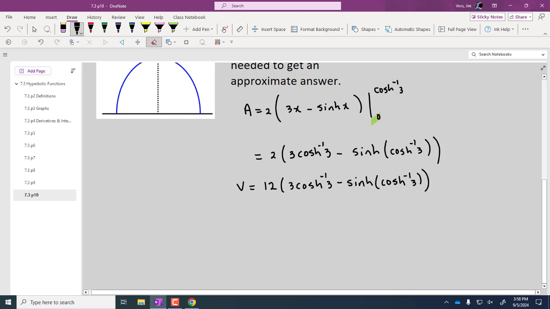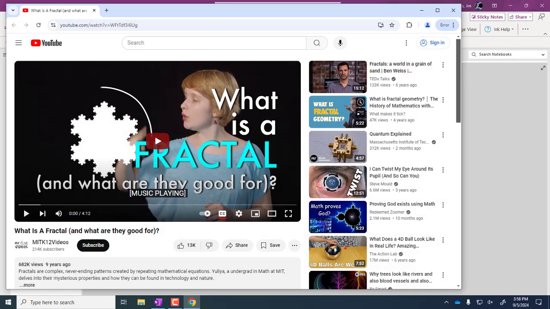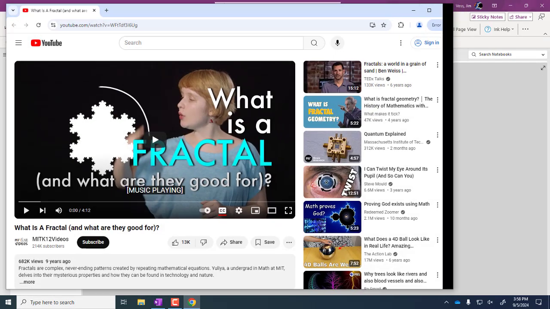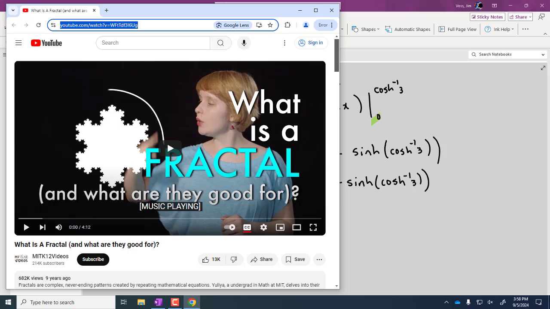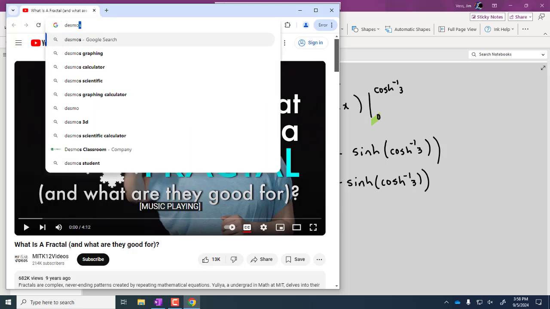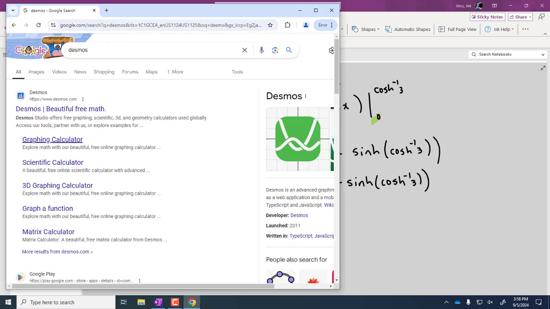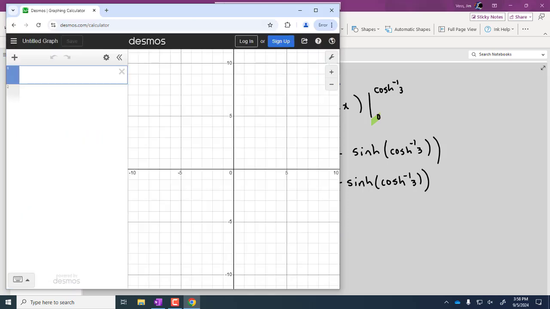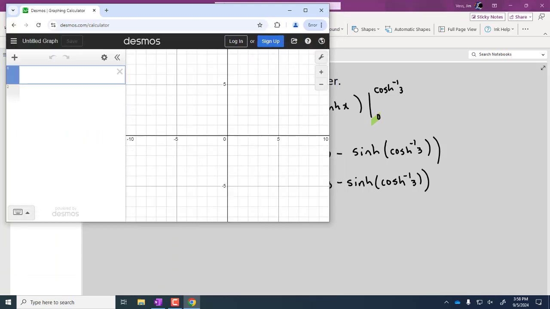And there's no way to evaluate that unless you use some sort of technology. There's no shortcut that's going to allow you to do that. So we will just type it right into Desmos. Desmos does everything so beautifully.